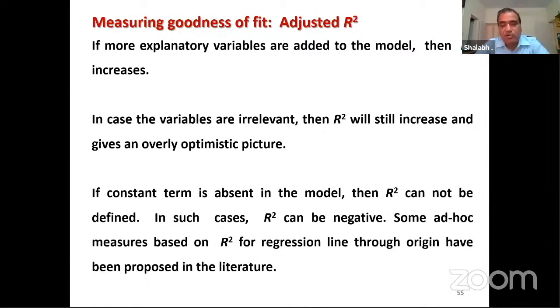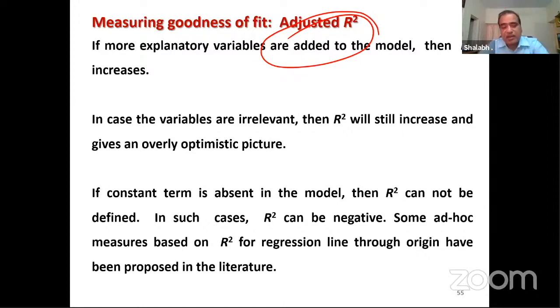Right. So in order to take care of this problem, people modify this R square, and they define the adjusted R square. And this adjusted R square does not increase significantly when the number of variables is changed.